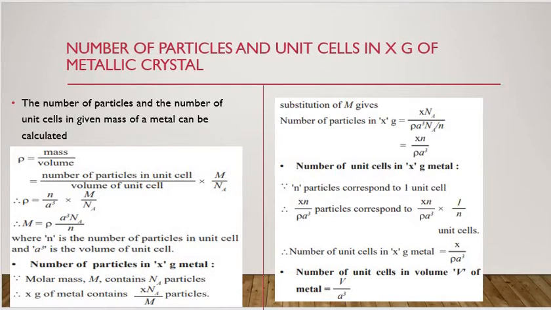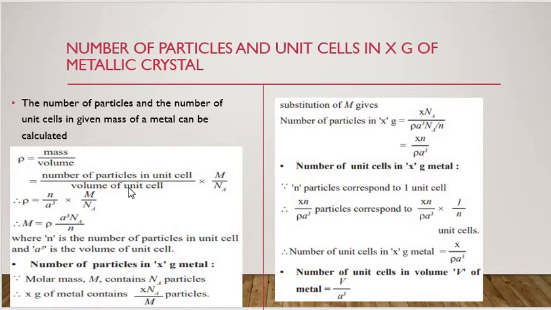Suppose one metal is given in gram and suppose it is x gram. So we all know rho is equal to mass upon volume, or density is equal to mass upon volume. And if you are replacing mass, it would be number of particles in unit cell multiplied by molar mass upon Avogadro constant multiplied by volume of unit cell.